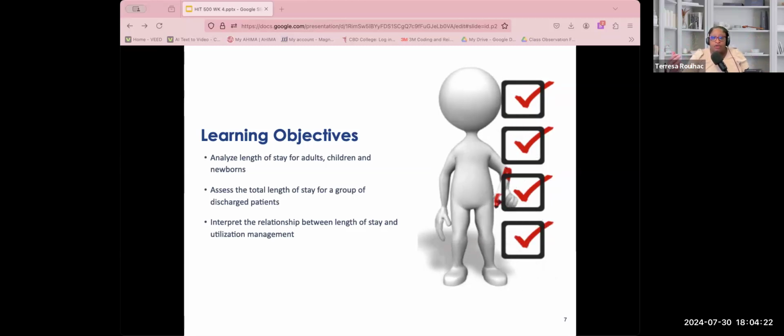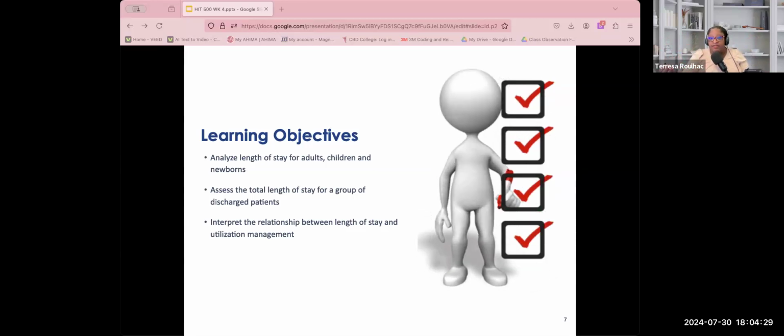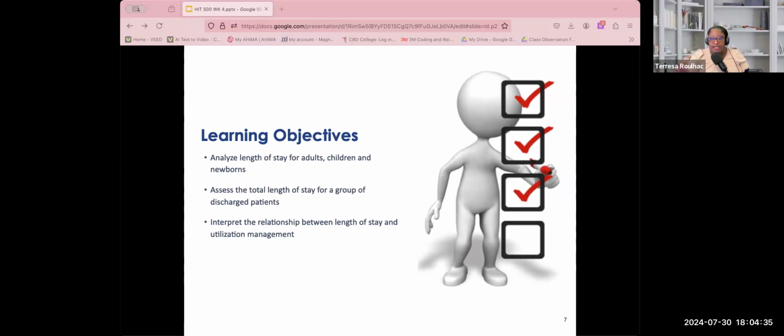We also have to assess the total length of stay for carefully selected groups of discharged patients, unraveling the patterns in these patients that emerge from these essential metrics.